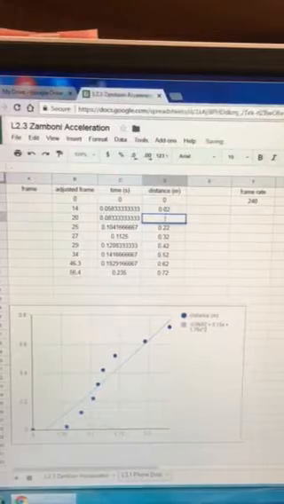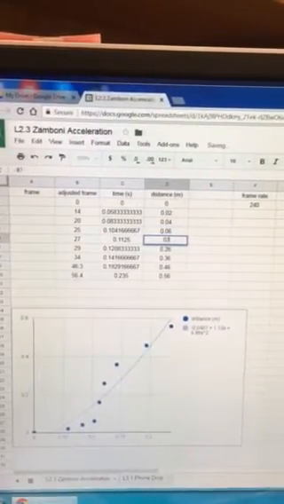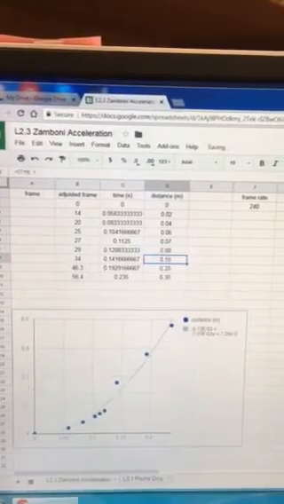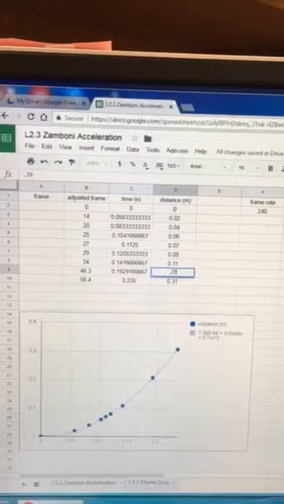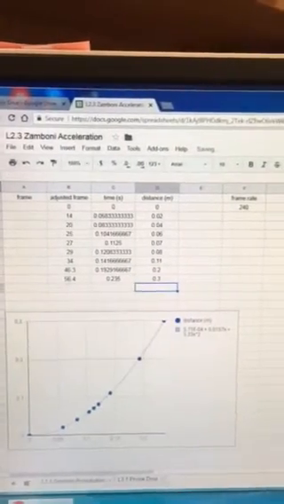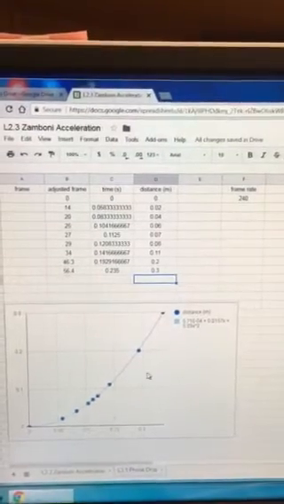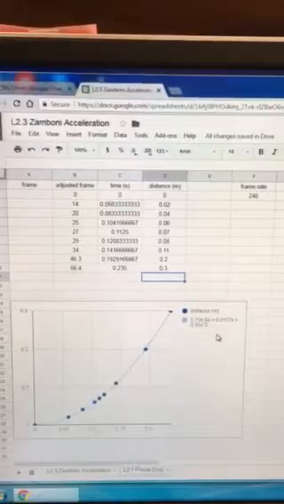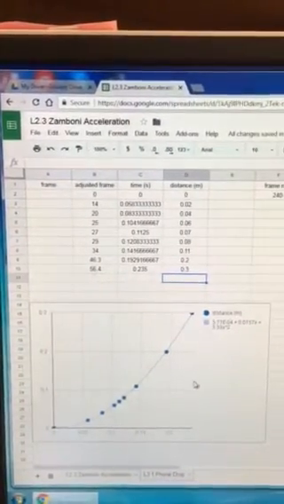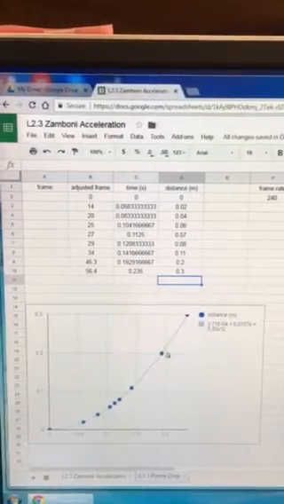Then on my paper, I had 0.04, 0.06, 0.07, 0.08, 0.11, 0.20, 0.30. So there's all my data. Now, the beauty about the duplicate is, bam, it's already done. Not only that, the equation is already done. Such nice things.